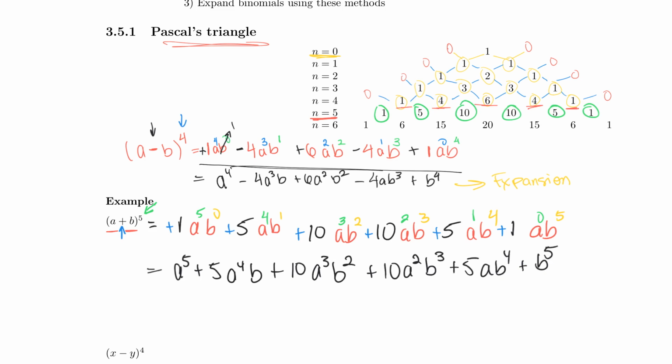And this will be our binomial expansion. You see that we did it pretty fast using Pascal's triangle. Now let's do another example.